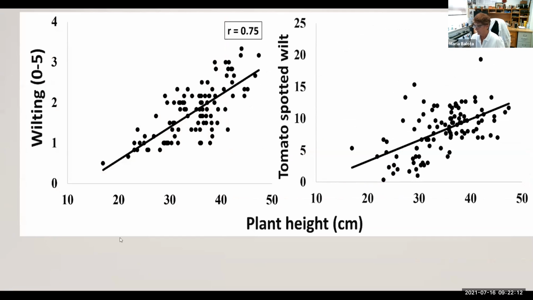And why is plant height important? Sayantan Sarkar, my former graduate student and now postdoc at the University of Tennessee, I'm very proud of him, reported in his thesis that plant height actually in our environment is important. Taller plants tend to wilt more, and also they have more tomato spotted wilt.